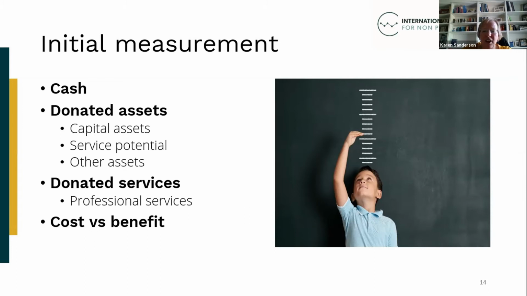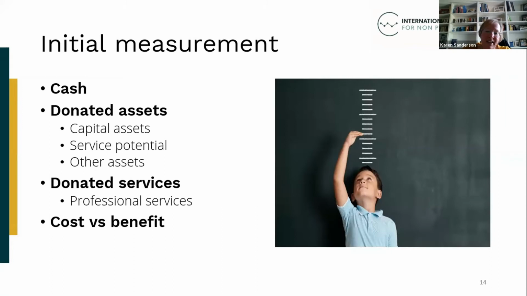And we discussed earlier some of the issues in the context of reliable measurement, particularly for inventory. But determining the value of donated capital assets, tangible assets and intangible assets may be equally challenging and impact the amount of revenue recognised. For example, if housing is donated to an NPO for social purposes, it could potentially be sold for a higher price as a commercial development.